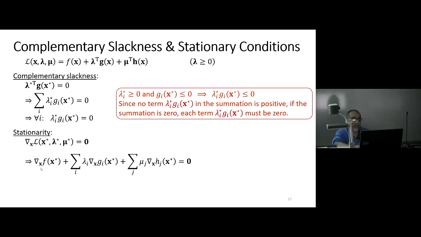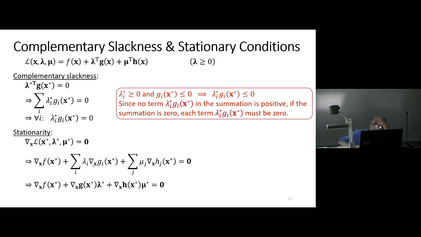Which means del f of x plus the summation of lambda i del g i of x plus the summation of mu j del h j of x is equal to 0. This is what we mean by the stationary condition.